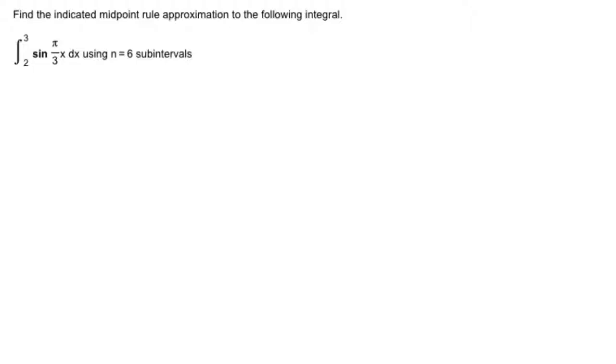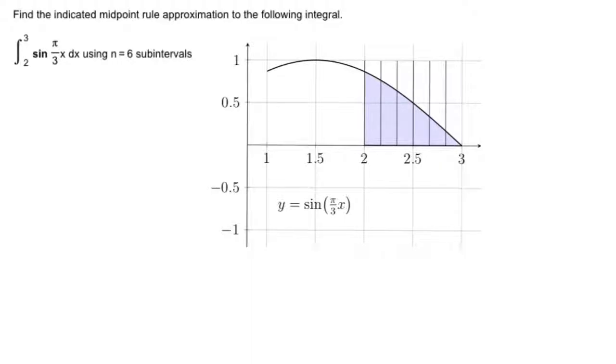So let me first start by putting a picture of the graph of the region cut into 6 slices as described here. So we can see that each of the rectangle widths is going to be 1/6. So we know that the delta x is 1/6.